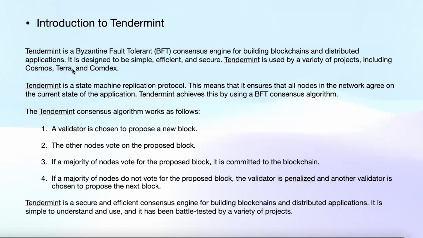For example, if he is validating on the Atom or Cosmos network, suppose he has a voting power of 2% or 3%, and he has a stake of around 100k atoms. In that case, some amount of tokens is slashed from his stake position for this misbehavior. So this was how a block is proposed in general.